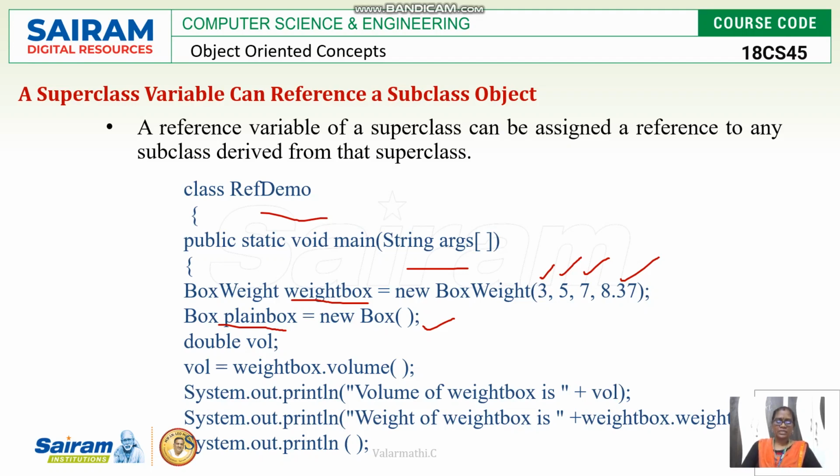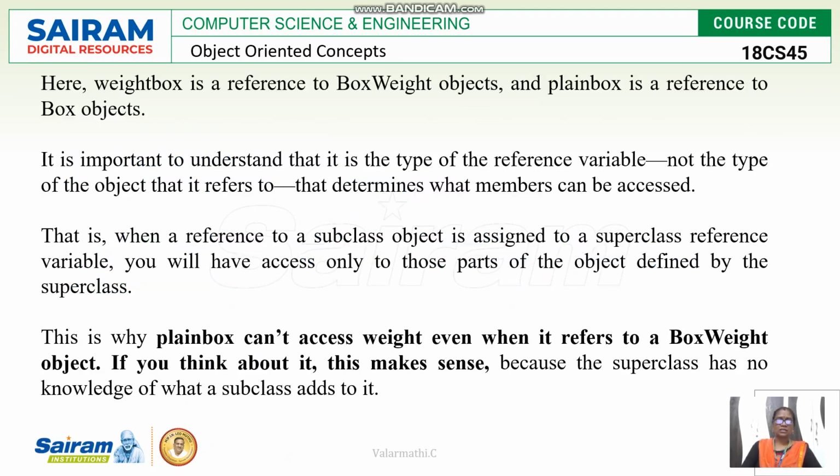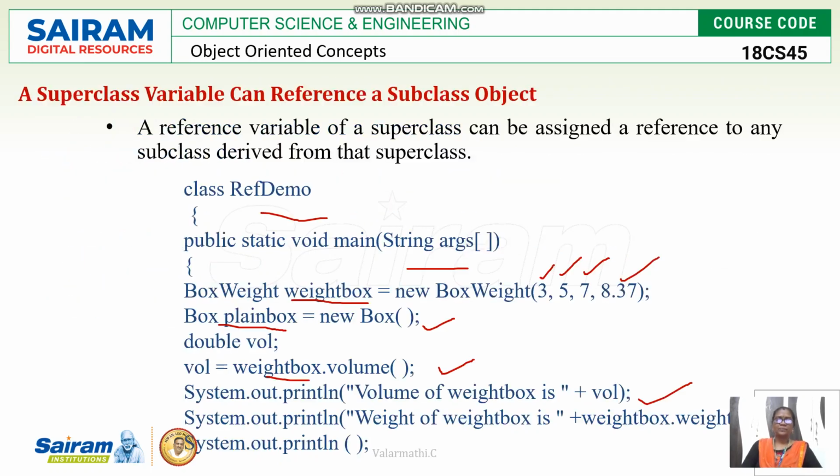Now I'm using my subclass object. I'm invoking the volume, so the volume of weight box will be calculated and printed as its value, right? Then the weight of weight box is also possible using the subclass object dot weight.